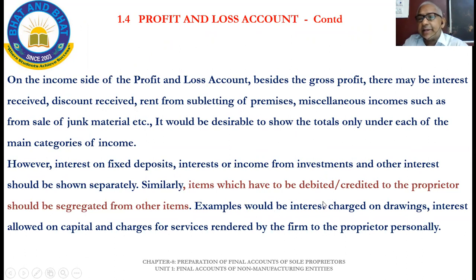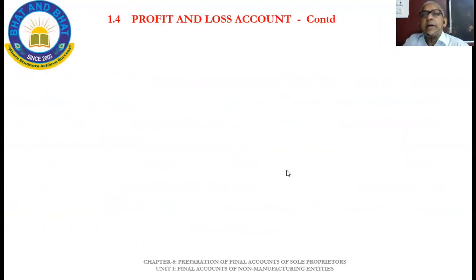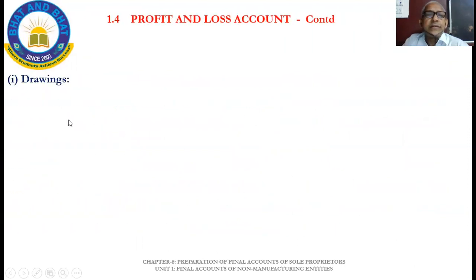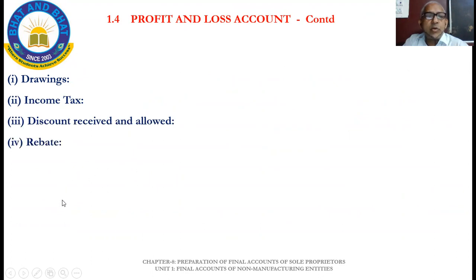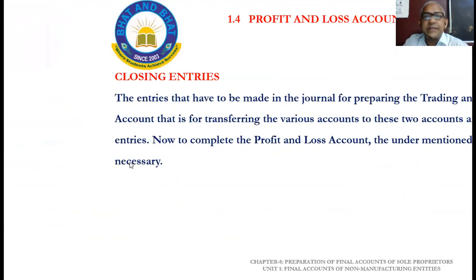And see, drawings of the proprietor or interest allowed on his capital or charges he charged for his personal services done to the firm are not taken in the P&L account, but there will be an account called, see, drawings, income tax paid, discount received and allowed, rebate, etc., bad debts.